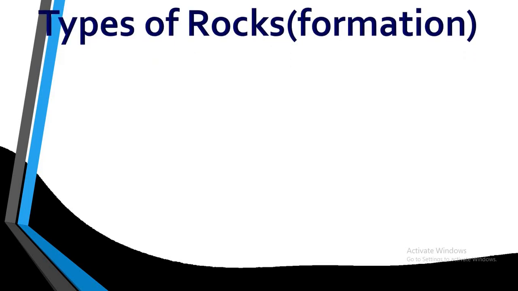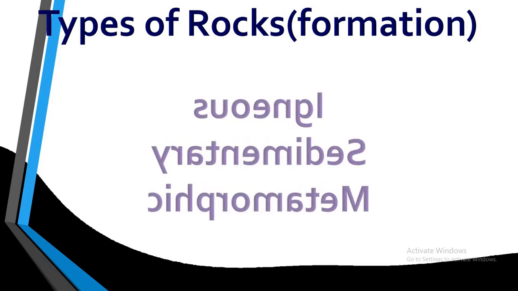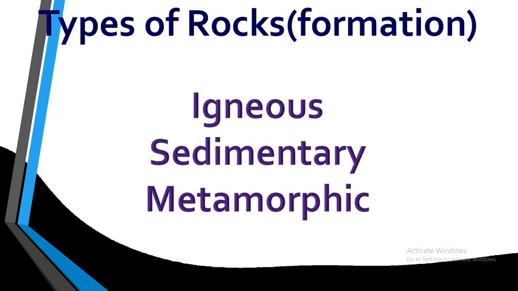The types of rocks are based on the formation. According to the formation, the types of rocks are divided into three: igneous, sedimentary and metamorphic.